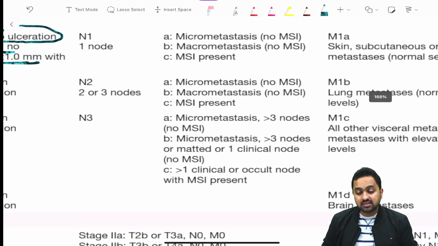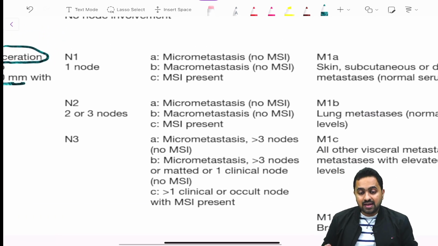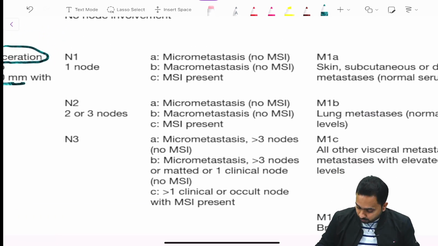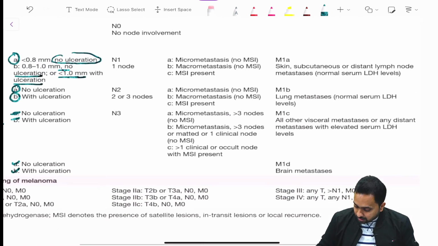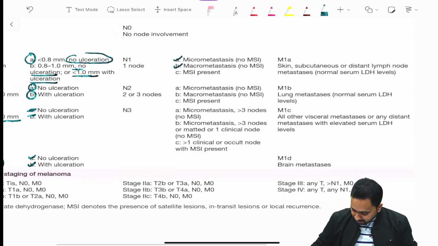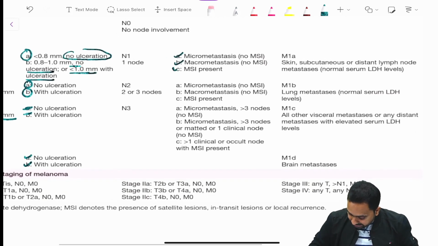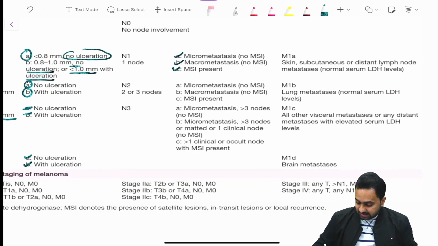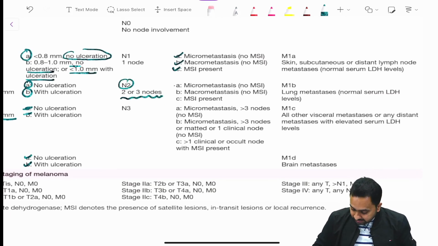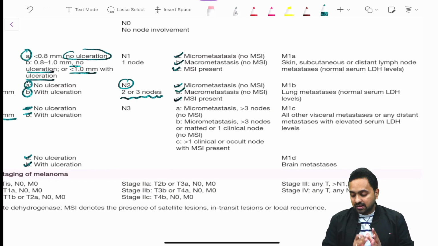Then we have this nodal staging. N1 is one node present, where we have your micrometastasis, macrometastasis and presence of satellite lesion, that is 1C. In case of N2, we have 2 or 3 nodes present. Again, 2A would be micrometastasis, B will be macrometastasis and C will be MSI present.